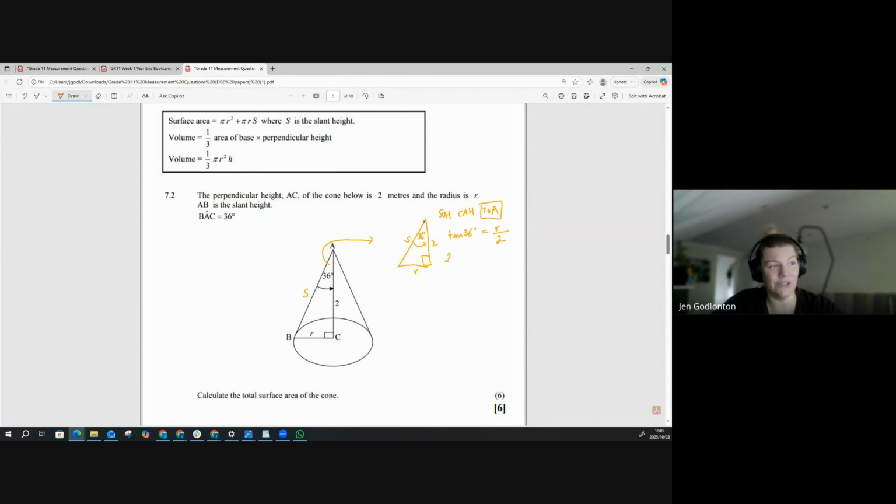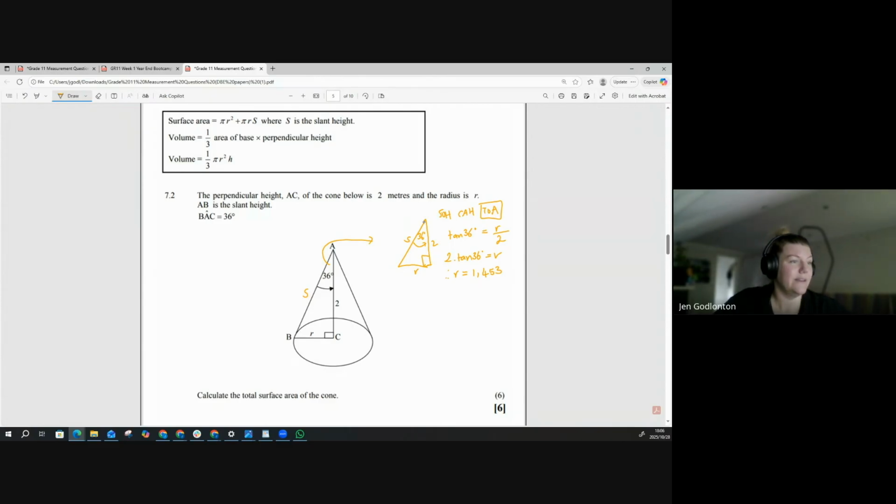So that means that 2 times tan 36 is going to be equal to R. So 2 times tan 36, which gives us R is 1,453. And I'm going to keep 3 decimal places just to keep my number as accurate as possible.